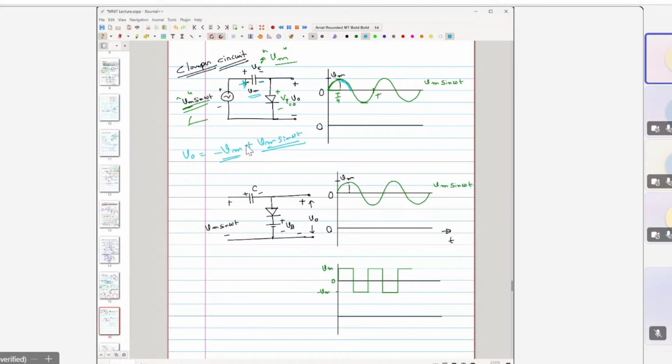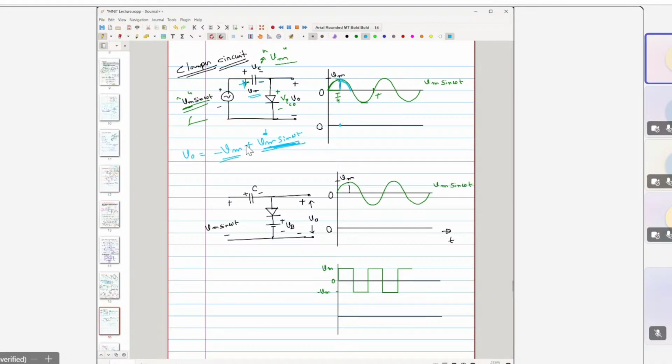So the capacitor was charged to Vm, and the magnitude of the input signal at T by 4 is also Vm. Then the output waveform magnitude would become equal to 0.